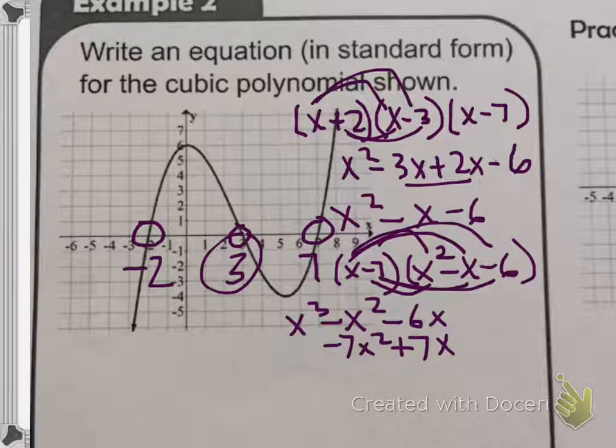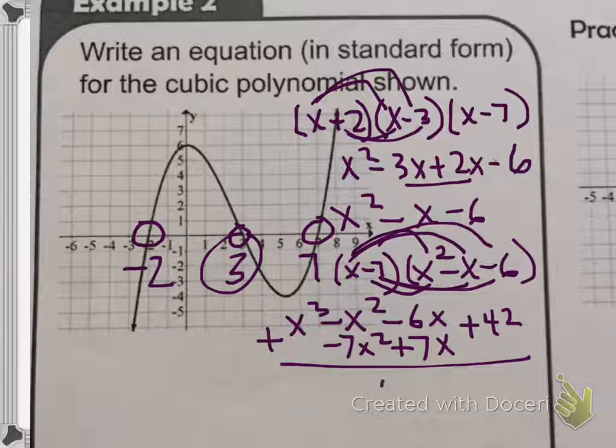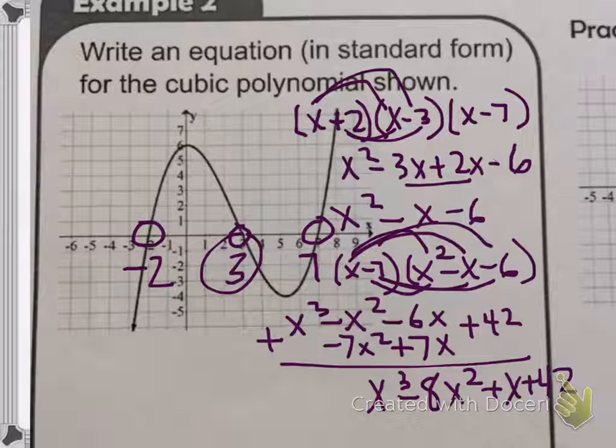And a negative 7 times a negative 6 is a positive 42. I stacked those so I can add them straight down. I get x cubed minus 8x squared plus x plus 42 for my equation to the polynomial that has that graph.